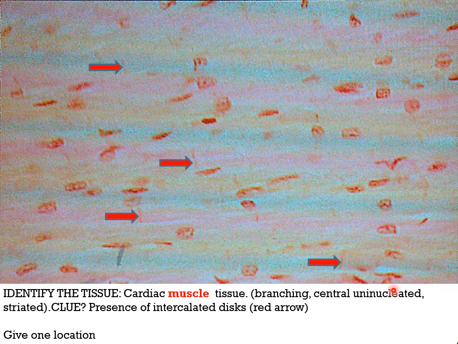Sa cardiac muscle tissue naman, no, for example, may mga ibang slide kasi na medyo malabo, no? Pero ang main parameter to or main marker mo para ma-identify mo na ito ay cardiac muscle tissue is the presence of etong mga nasa red arrow. Ano kaya yan?